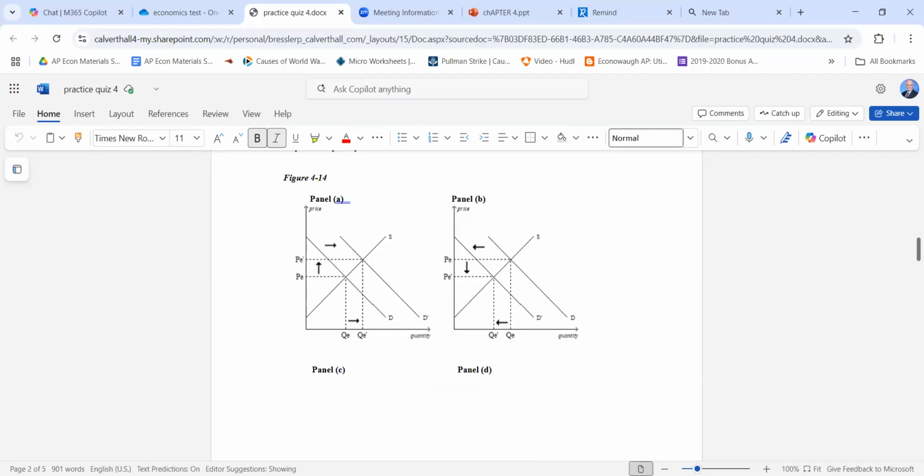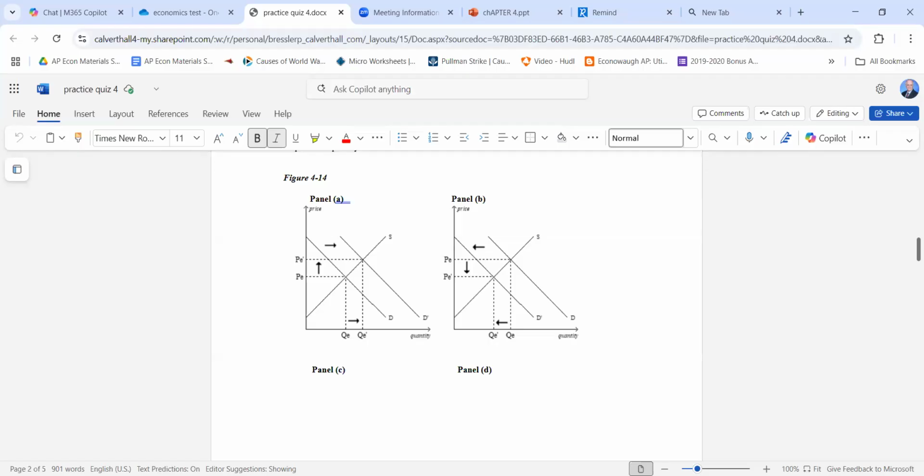Now, complements have an inverse relationship. There are two goods for which an increase in the price of one leads to a decrease in the demand for the other.